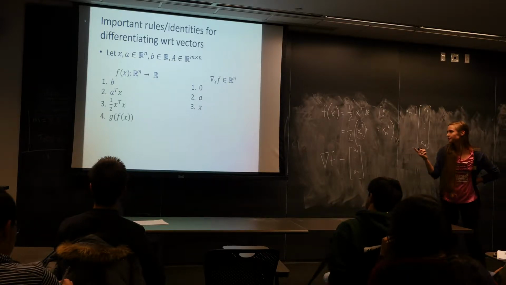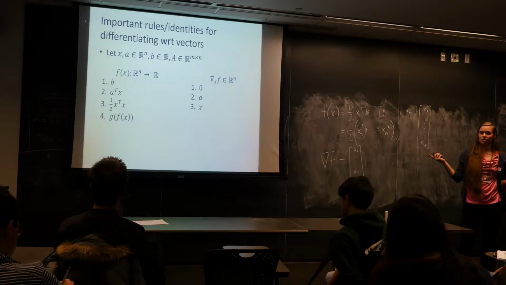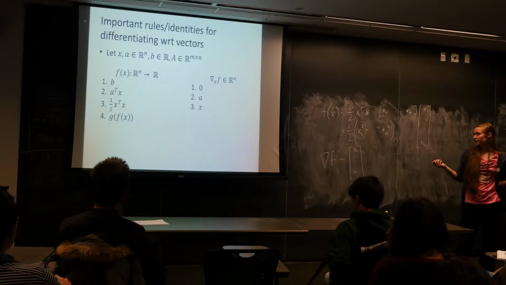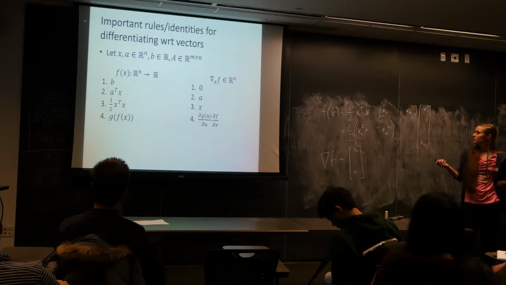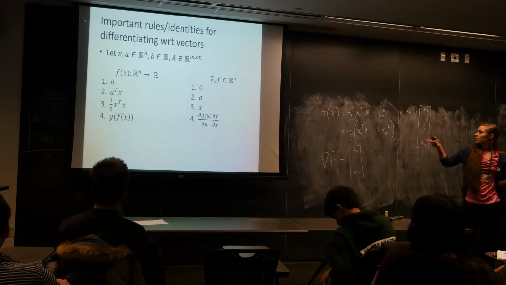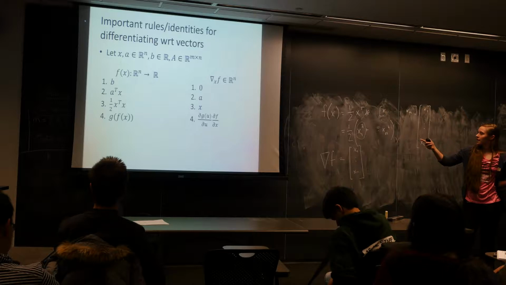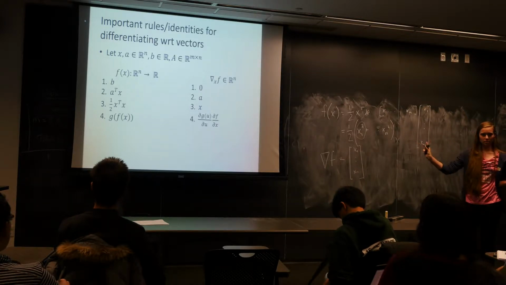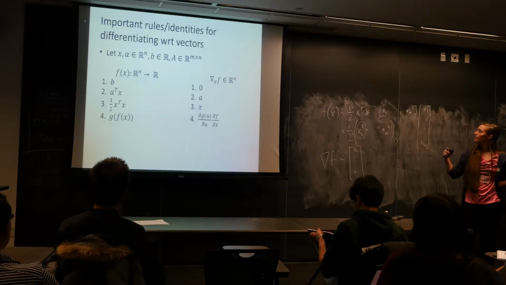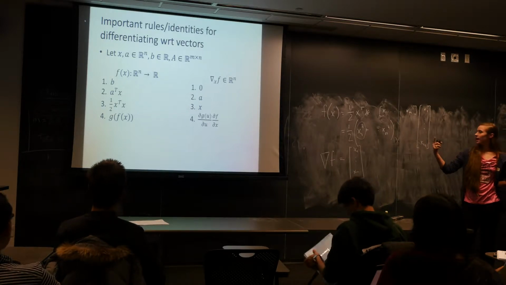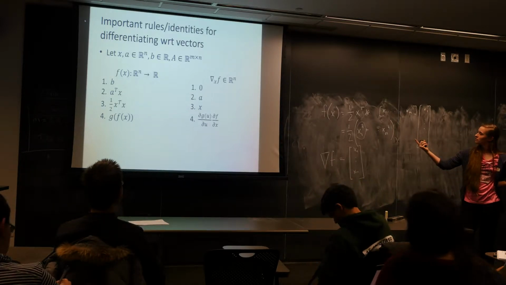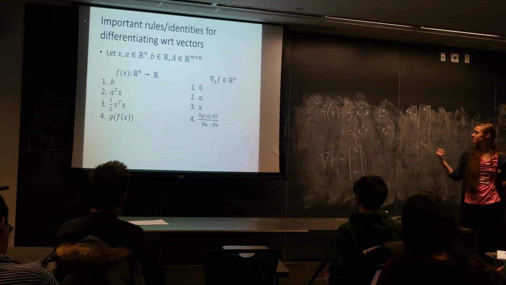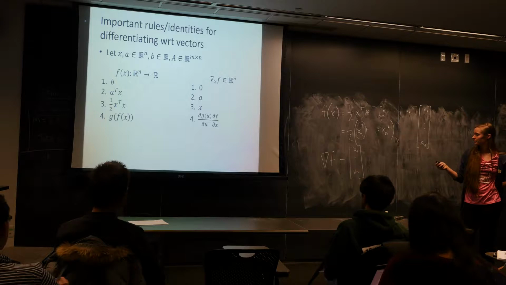And here, if you have a composition of functions, just like you have in single variable calculus, you get the chain rule. So you first take the derivative of the outer function with respect to its argument, and then you multiply it by the derivative of your inner function with respect to your variable x.